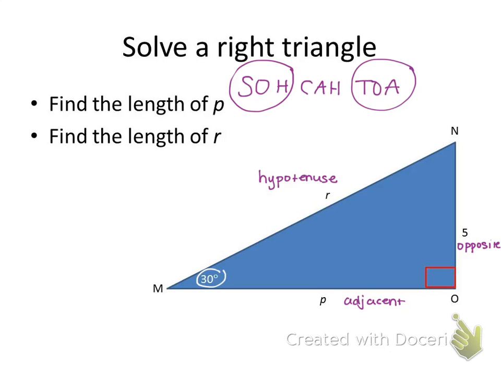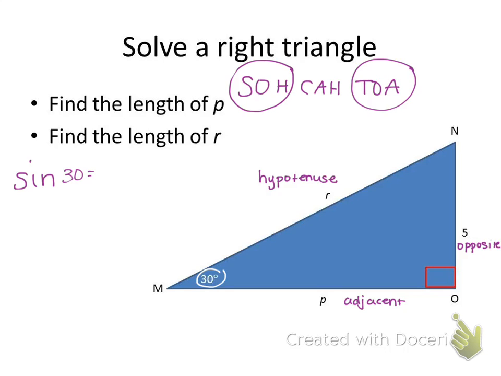Okay, so let's solve for the sine. First of all, when you're doing it based on an angle measurement, this is where your calculator comes in handy. I'm going to find the sine of the angle that they've given me. I'm not going to plug in sine of M like we did yesterday, because I don't know the numbers that are the side lengths. So what I've got to do is the sine of 30, because that's the angle they've given me.